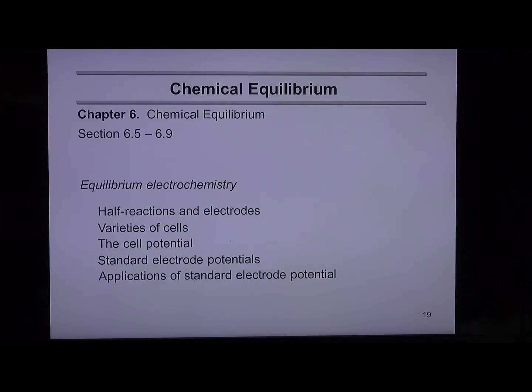Alright. So let's introduce what electrochemical cells are, their principle, how they look, and how we can apply thermodynamic knowledge to the working principle of electrochemical cells.